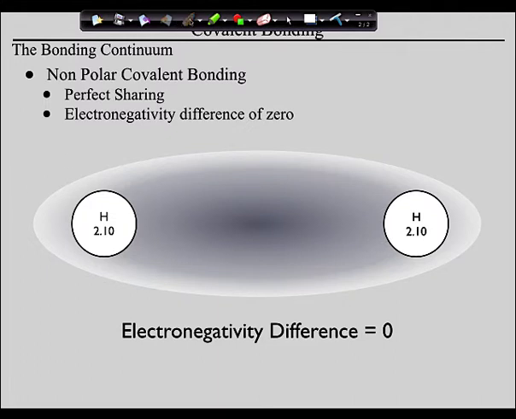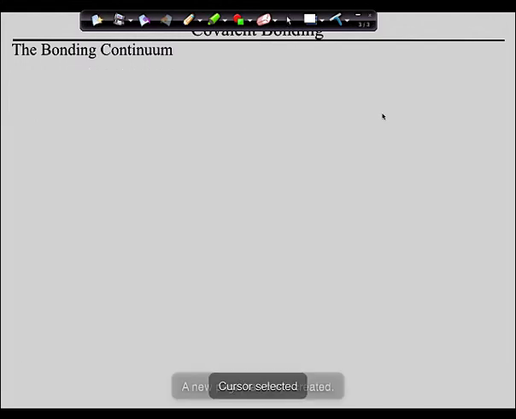And the only way that can be the case is if they're the same nuclei. So we have this negatively charged region in here, which is the shared electrons. And for those to be perfectly symmetrical, the nuclei have got to be the same so that they share perfectly. Remember that?